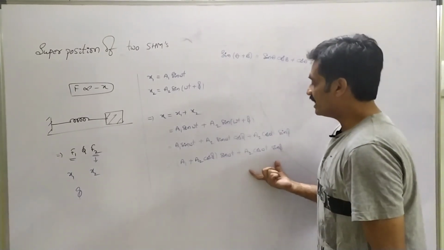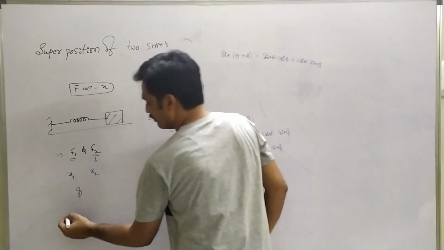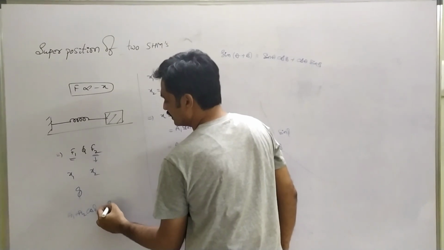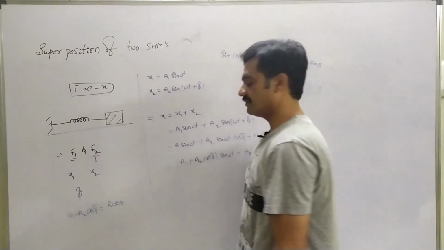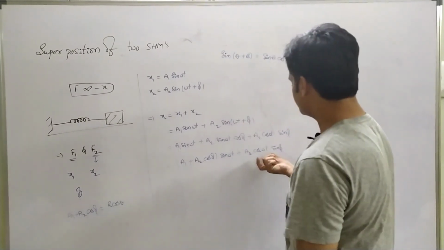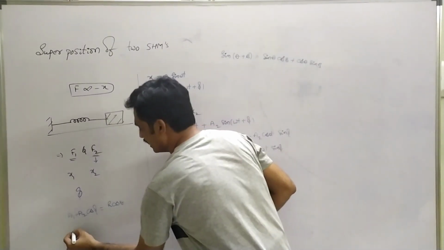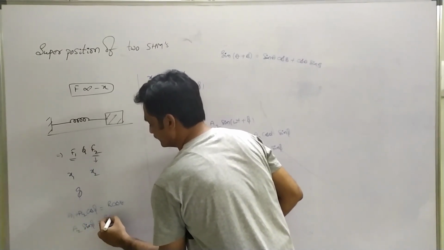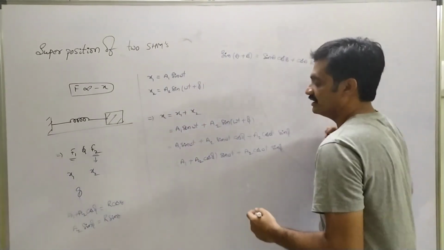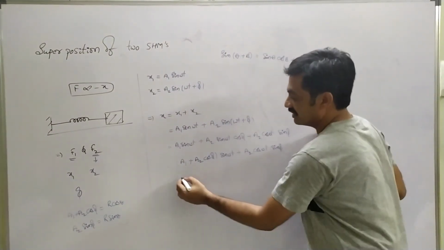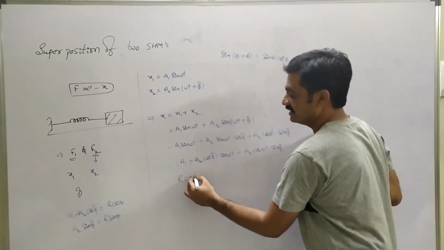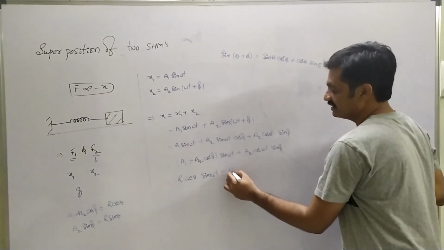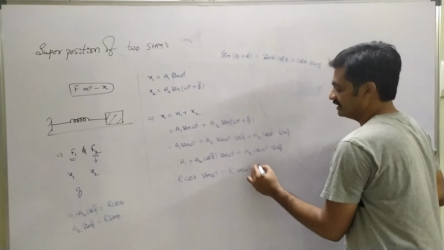Here I am going to replace a1 plus a2 cos pi with r cos theta, as well as a2 sin pi with r sin theta. Then as we substitute these values, we have r cos theta sin omega t plus r cos omega t sin theta.